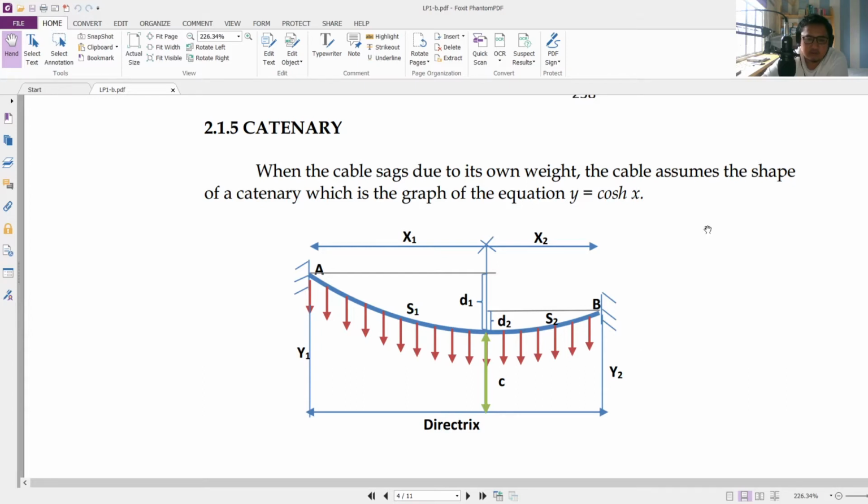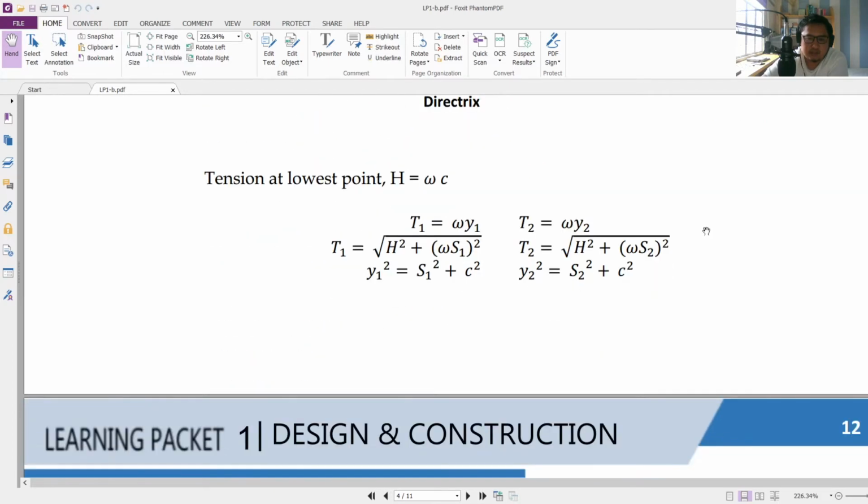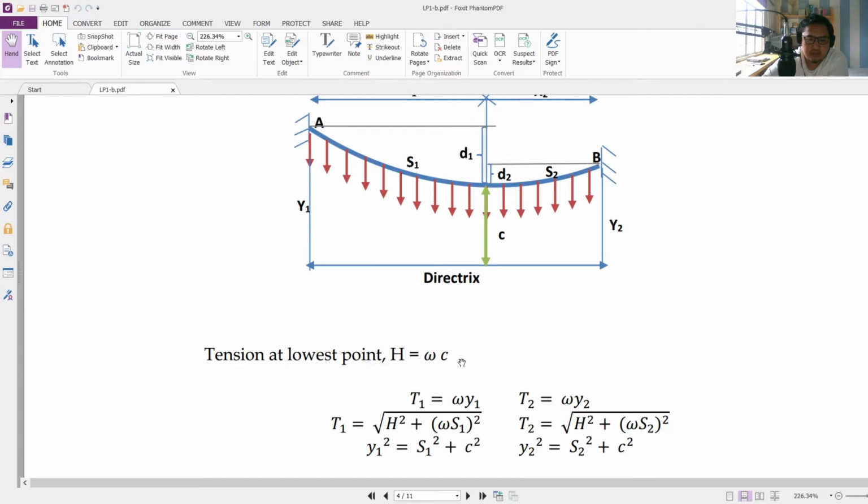Okay, let's go to the formulas to be memorized. We have H here, the tension of the cable at the lowest point, the vertex. It is equal to the load per unit length of the cable times C, where C is the distance from the vertex to the directrix.